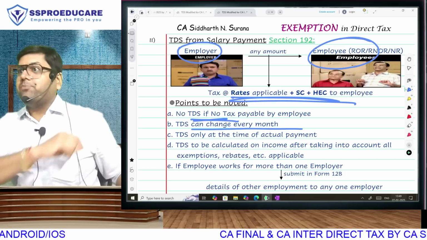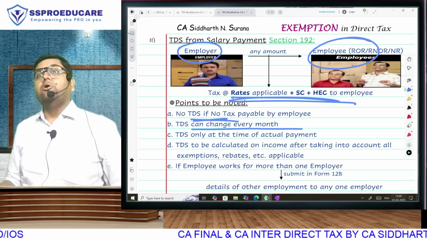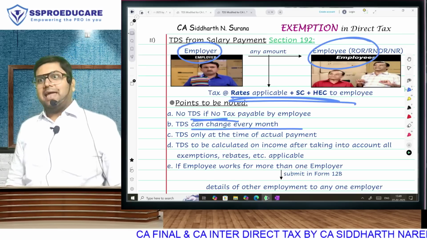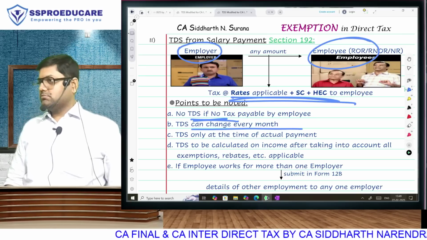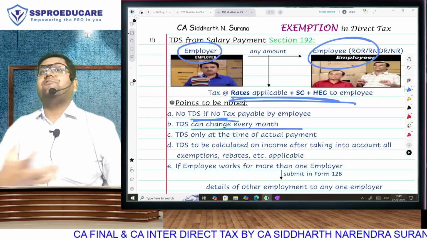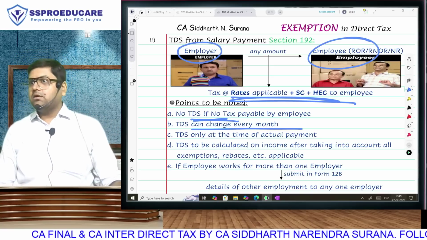Can your income computation during the year change? Due to change in salary? Due to change in job? Due to some other source of income being added? Due to you taking suddenly in the middle of the year life insurance, medical insurance, etc., which also has an impact on your NTTI?